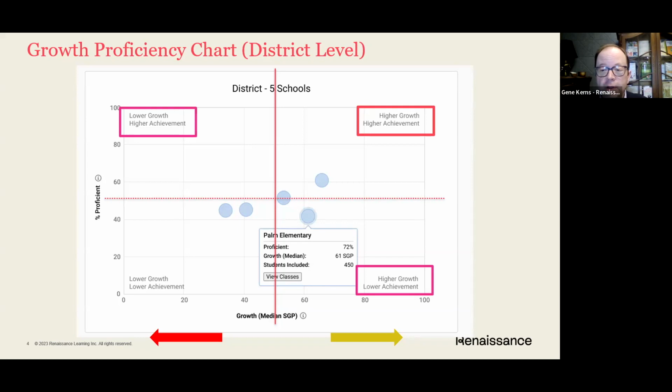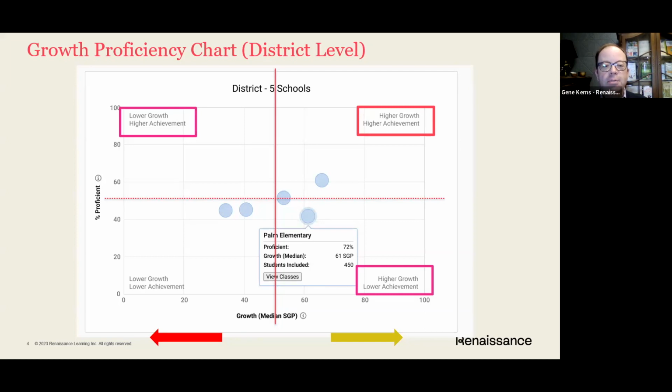For those of you who have been around as long as I have, going all the way back to the No Child Left Behind days, whenever we evaluated schools just on proficiency, some people would say, well, my kids start further behind, but I work really hard to grow them and I do a great job. I get a lot of growth. That would be schools in the bottom right quadrant.